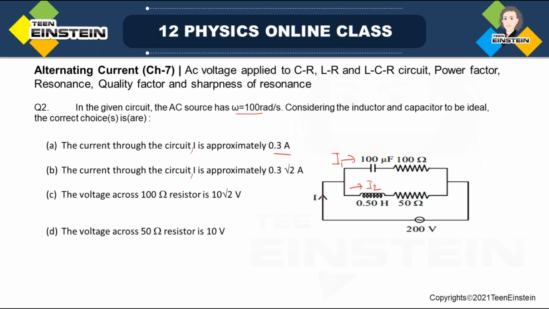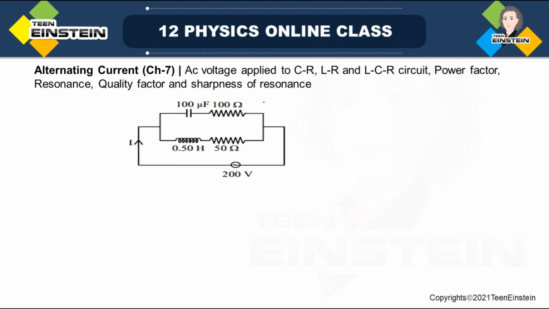In fact, I cannot say the direction because it is AC, but at least I can say the current through this CR branch is I1, and the current through the LR branch is I2. Now I have the figure over here.